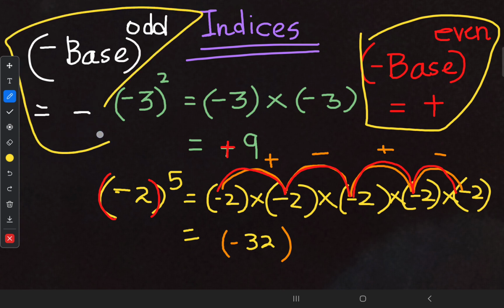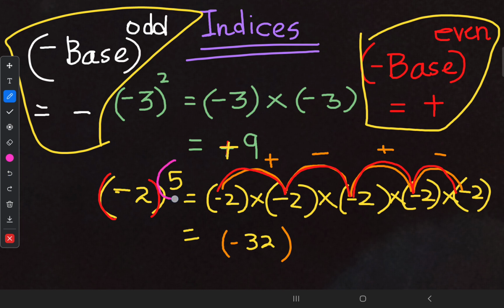Let's see. For this instance, we multiply 3 twice: 3 into 3, 9. Here there is no negative base. The power is an even number. If it is an even number, your answer will hold a positive direction. When you think about the next instance, there is a negative base, fine.